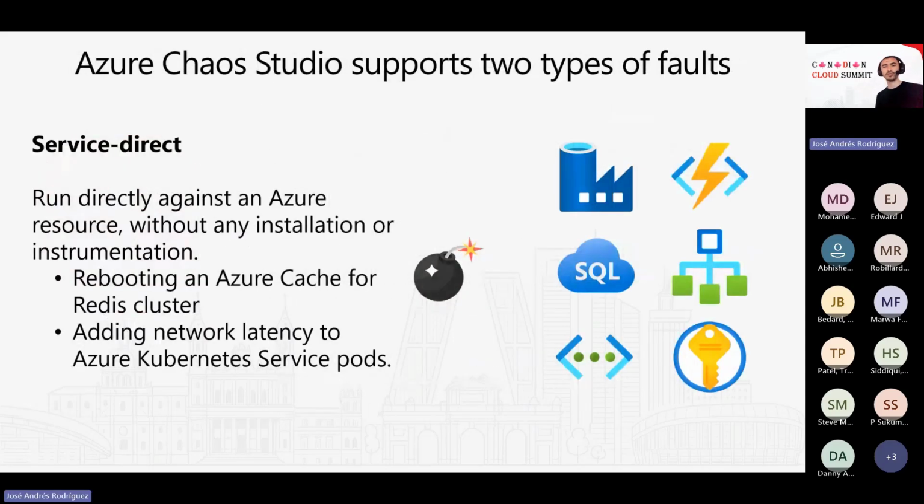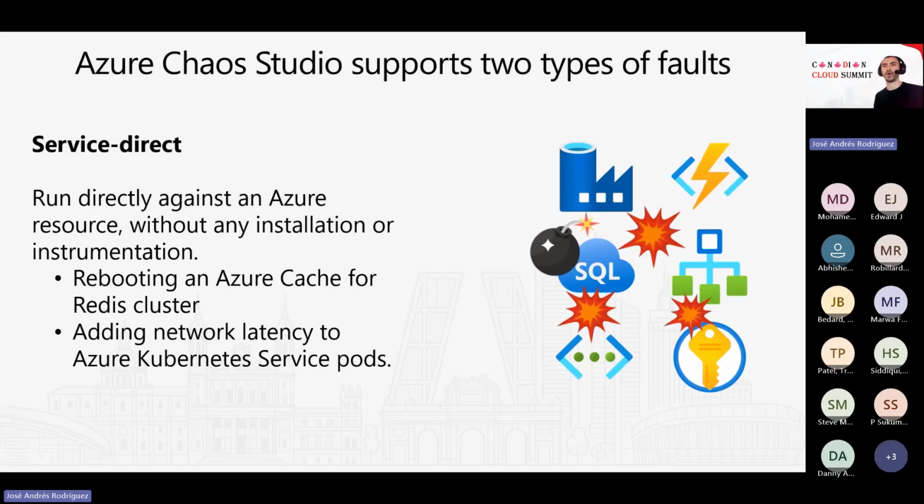Okay. So Azure Chaos Studio supports two types of faults. The first one is service direct. And what this means is that the fault, the outage that you're going to inject to your resources, runs directly in Azure, and it doesn't require any kind of instrumentation or additional installation on your behalf.